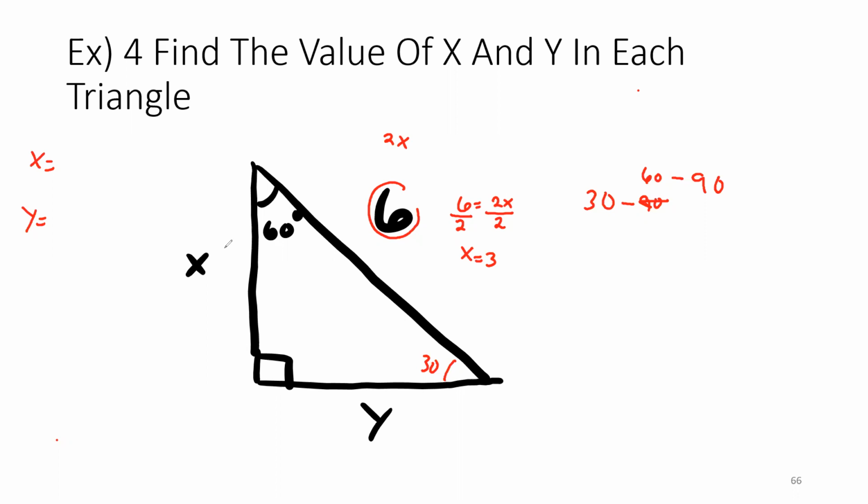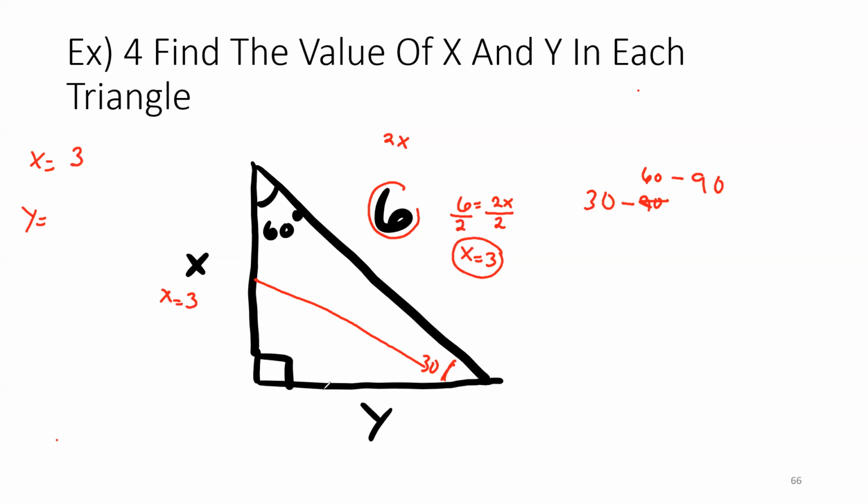Now, that is x, because angle 30 goes with the leg x, which is technically the smallest leg, and the smallest leg is just labeled x, which we said is 3. So x does equal 3.